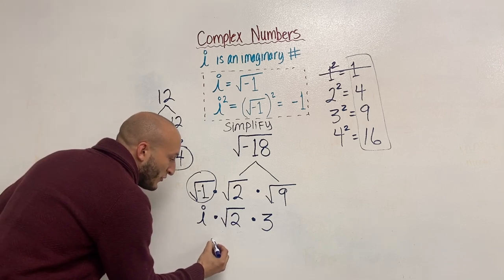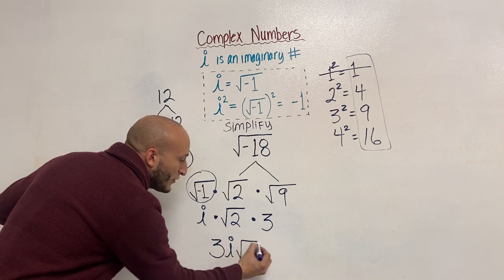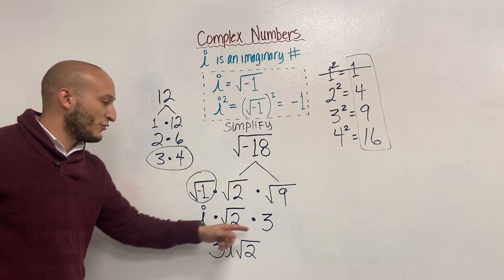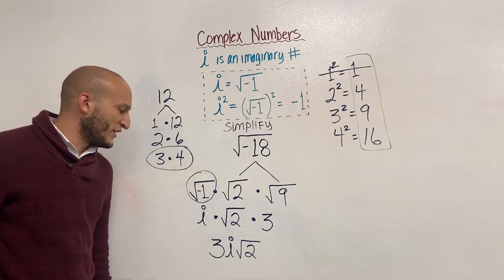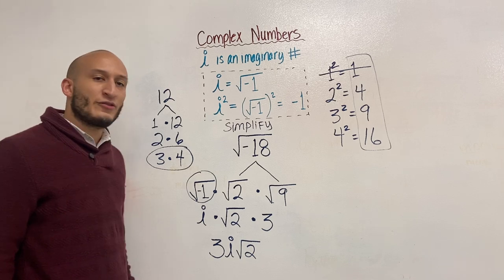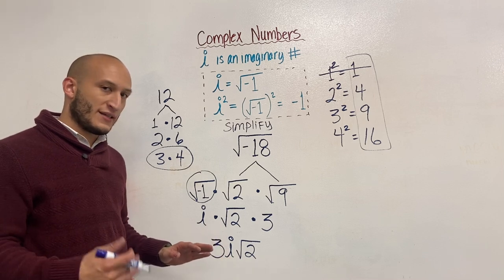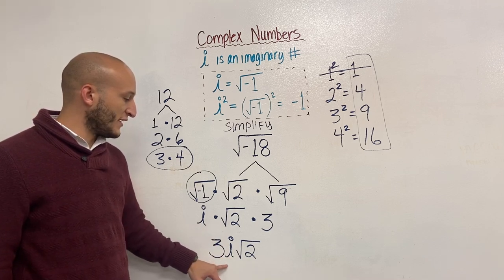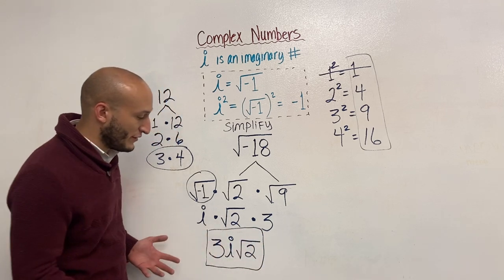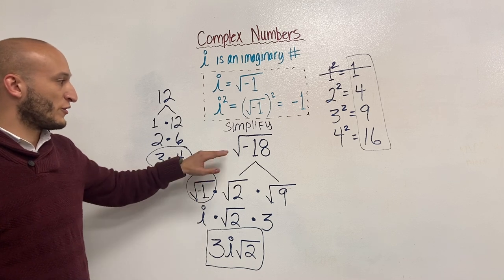So the proper way to write this would be 3i times the square root of 2. Now all of these are being multiplied. I wrote the 3 first because it's kind of weird to write i times 3. Usually the letter is written second. So I'm going to write 3i square root of 2. I can't go any further. That would be my simplified answer to the square root of -18.